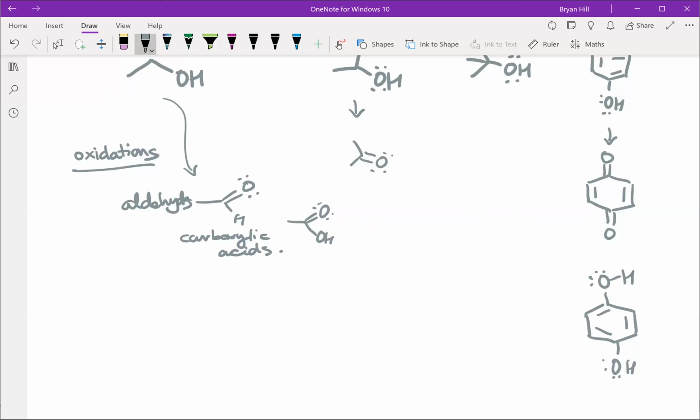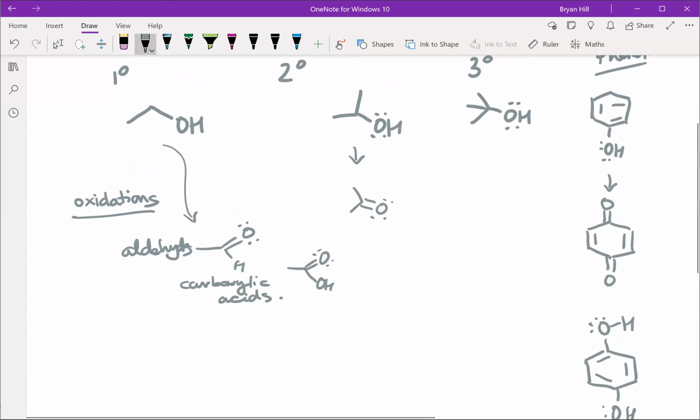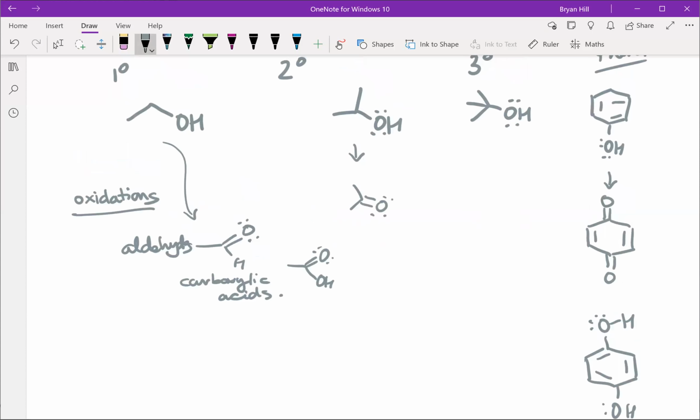So phenols can be oxidized. It's not something we would have seen very often in organic 2, but it is possible. And it's interesting. You don't just oxidize the one alcohol. You actually insert another alcohol to where this carbon is here. So it's an interesting reaction.